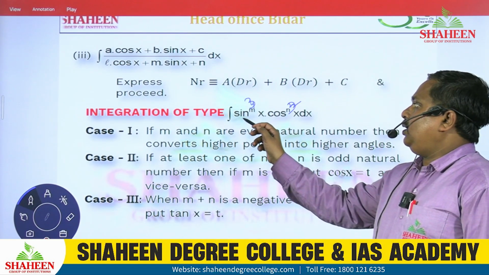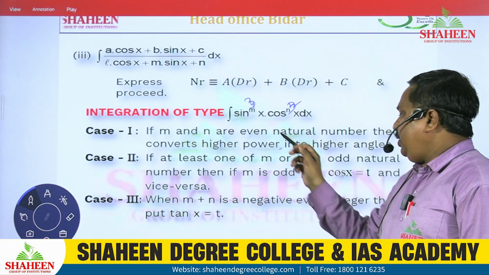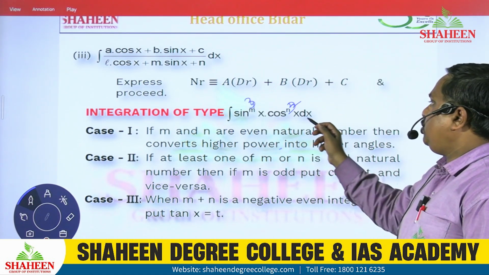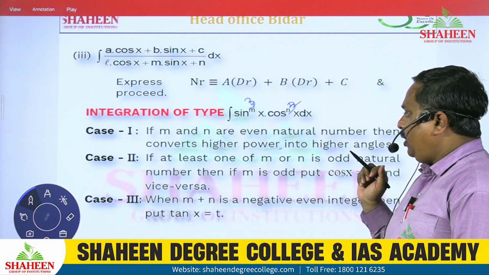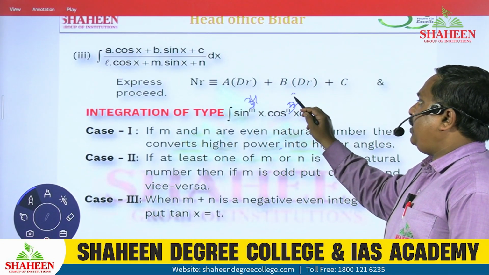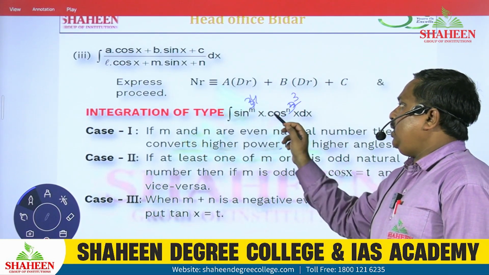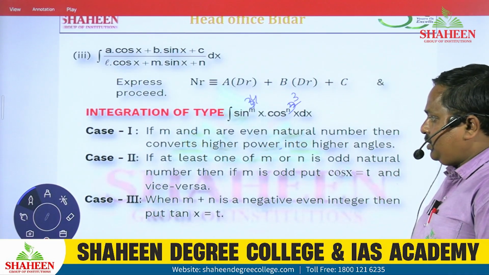If the sine power is even and the cosine power is odd, then you put sin x equal to t.